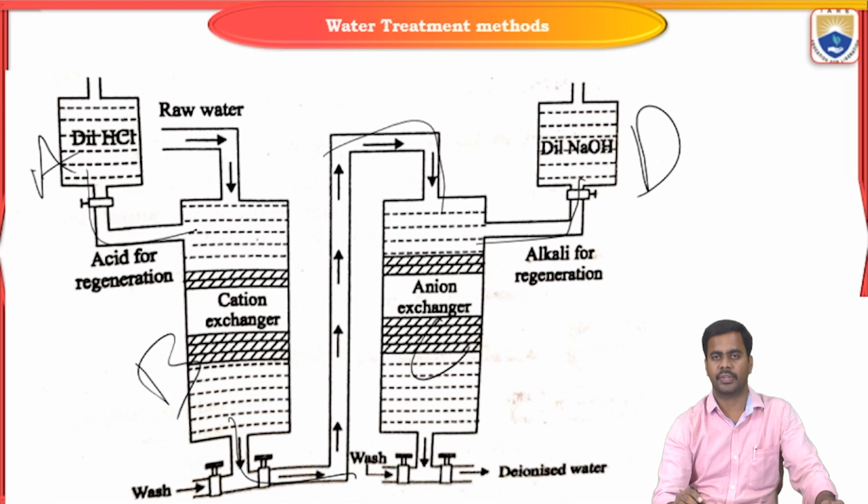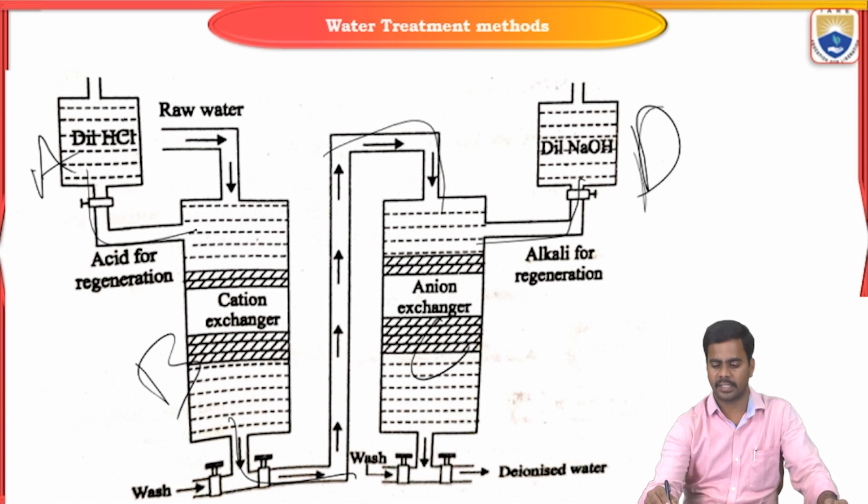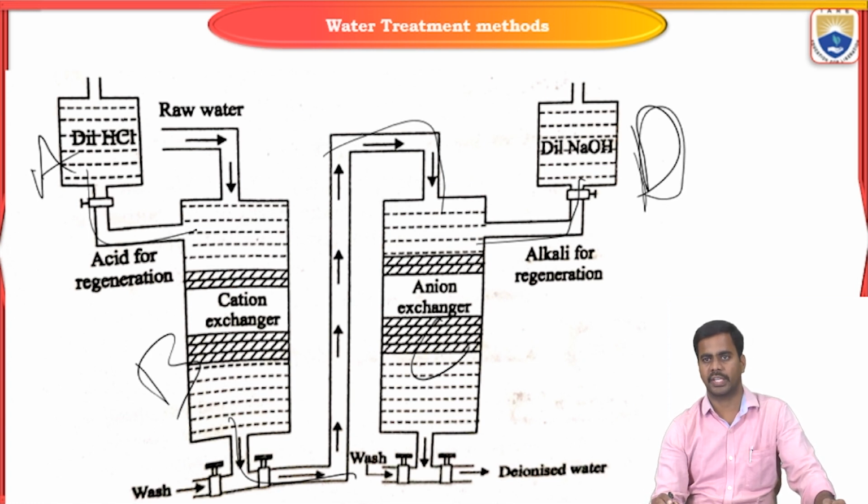Out of these 4 tanks, tank A contains dilute HCl and tank B contains cationic exchanger, that means cationic resin at the middle of its position, and tank C contains anionic exchange resin, and tank D contains dilute NaOH solution.